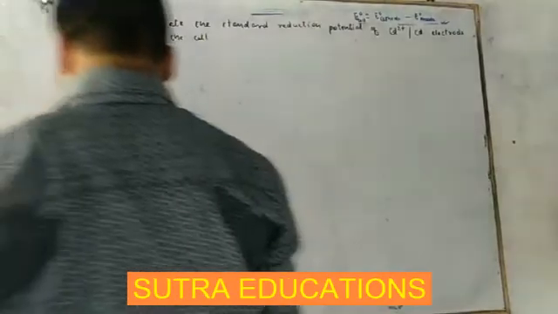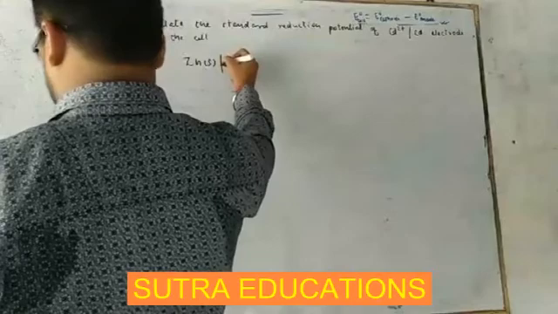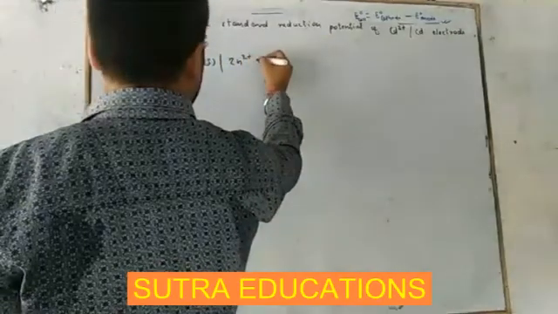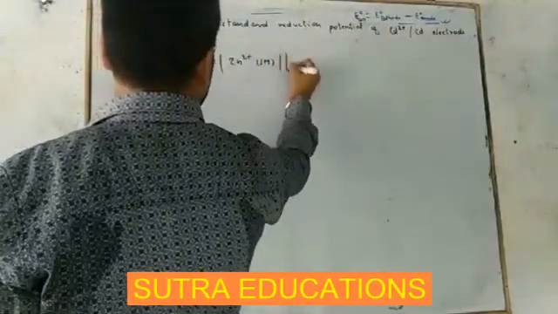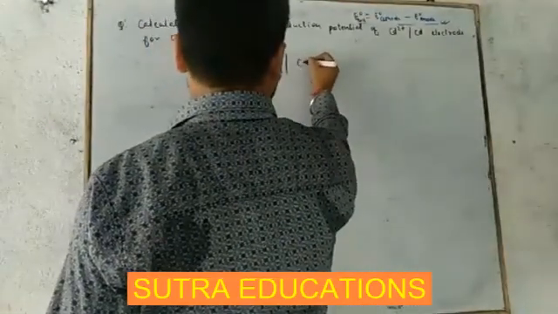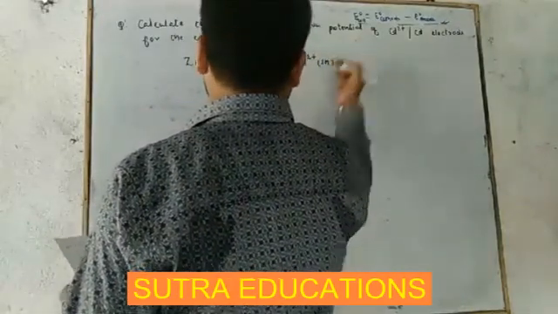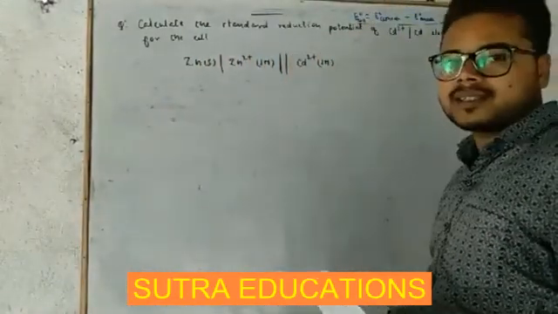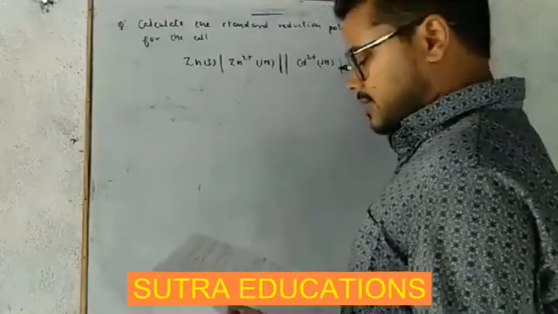The cell is given as Zn solid, separated by a line, Zn2 plus, its concentration is given as 1 molar, separated by a double line, Cd2 plus, its concentration is 1 molar because it is the standard electrode potential, separated by one line, and it is cadmium solid.